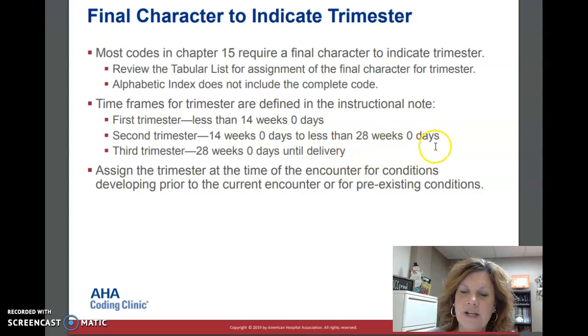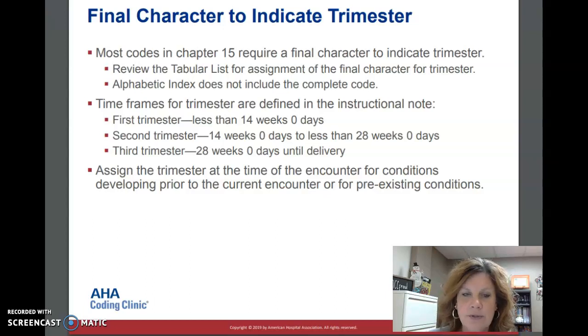The biggest thing that I always tell students we need to look at is the trimester. With the trimester, we have time frames. The first trimester is less than 14 weeks, 0 days. The second is 14 weeks, 0 days to less than 28 weeks, 0 days. And the third trimester is 28 weeks until delivery.